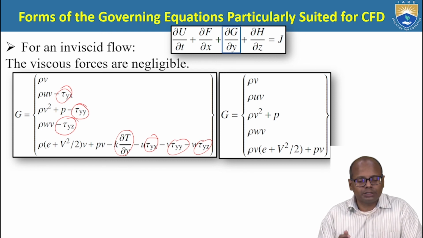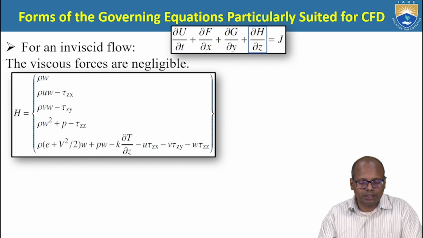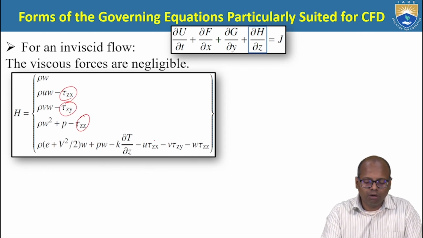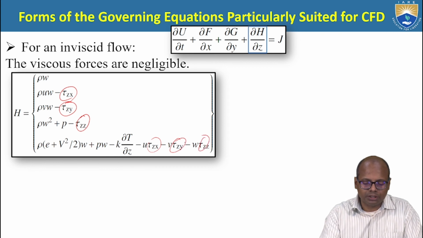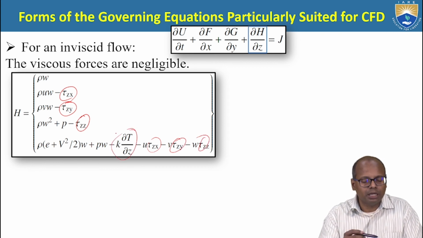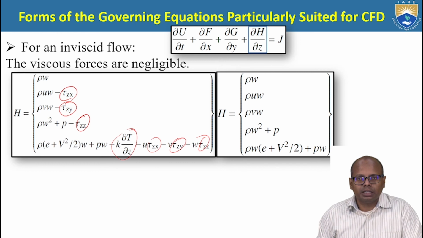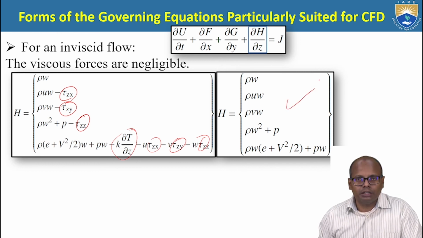So this is for inviscid flow. Similarly, I can write for H. Here also all these are viscous terms and are removed, and since viscosity is not there, there is no conduction in the fluids. If I simplify, I will get this equation. So this is the column vector for inviscid flow.